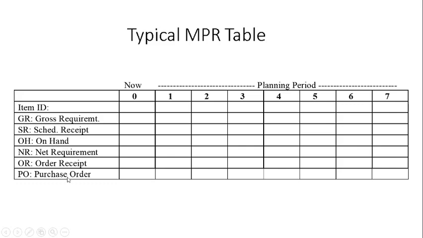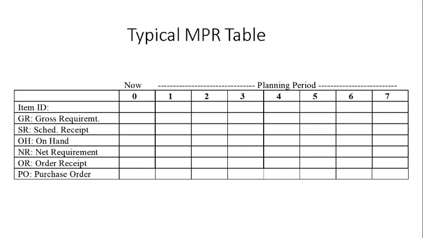So this is a dynamic process that we need to follow, and we can either fill some tables on a piece of paper, or we might, of course, use dedicated software for that. So this is the whole idea behind the MRP.